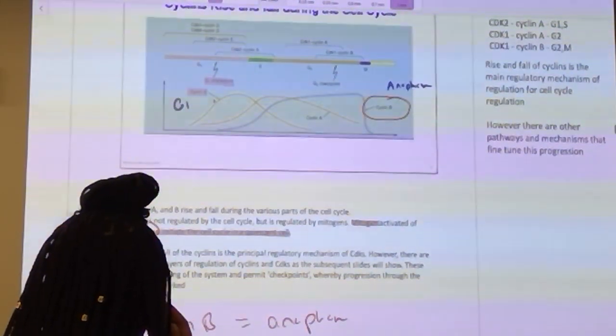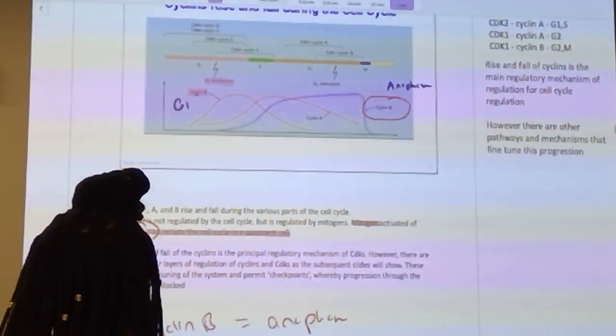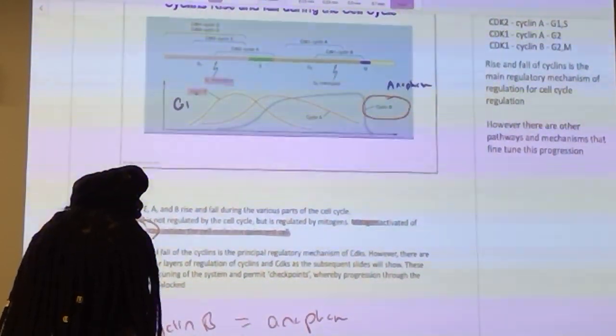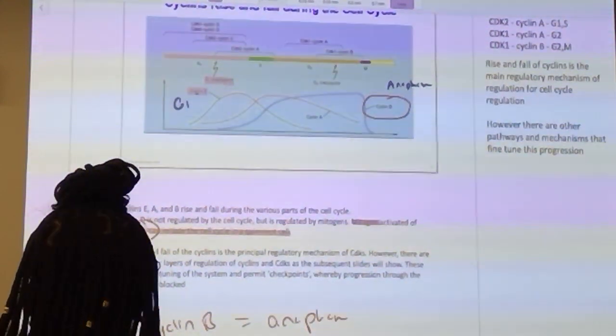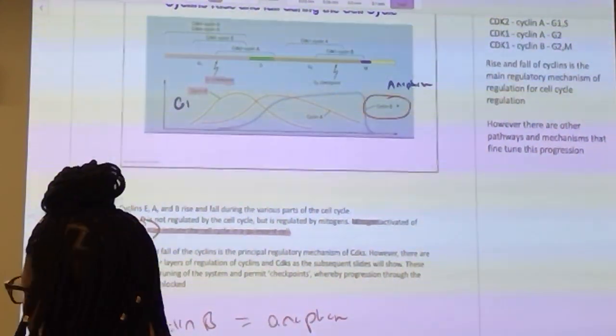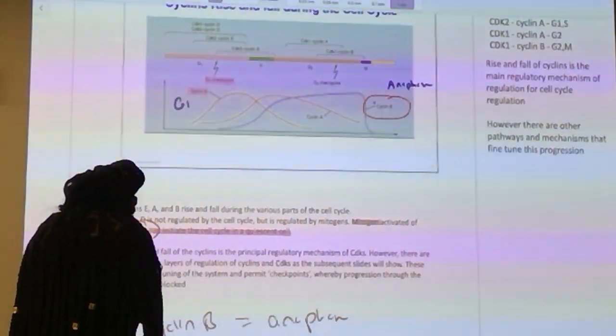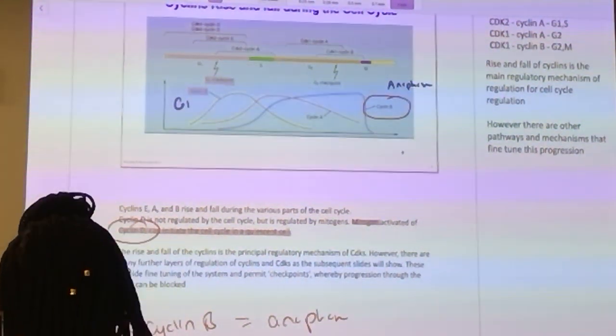And just know that cyclin E is what's synthesized by mitogens. But what's more important is cyclin B, so the fall, and cyclin B promotes anaphase.